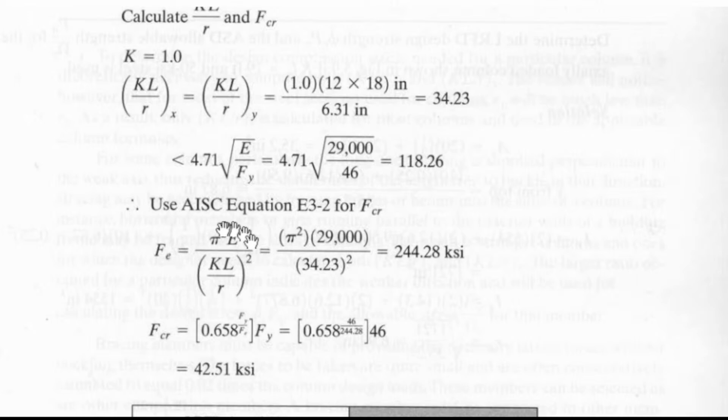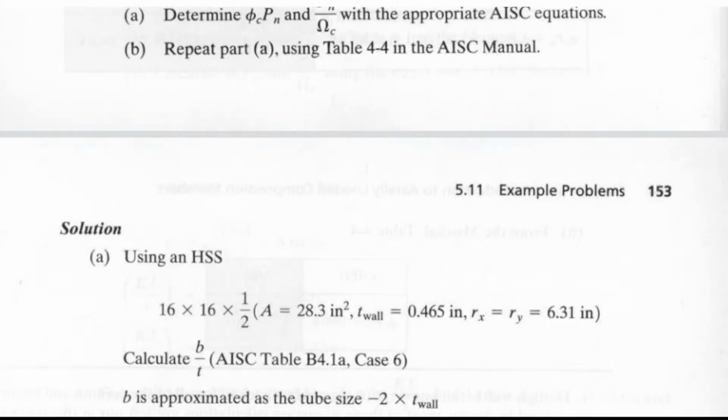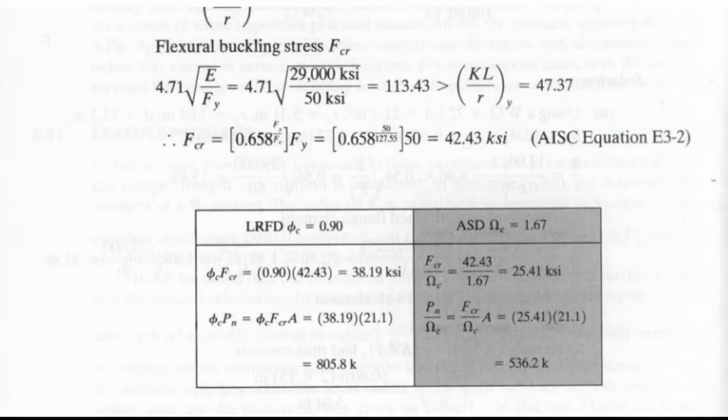Therefore, first, find the Euler strength. So, pi squared times E divided by KL over r squared. So, therefore, we got this value. After this, divide 50 by this, not 50, because the given is how much? The given is 46.